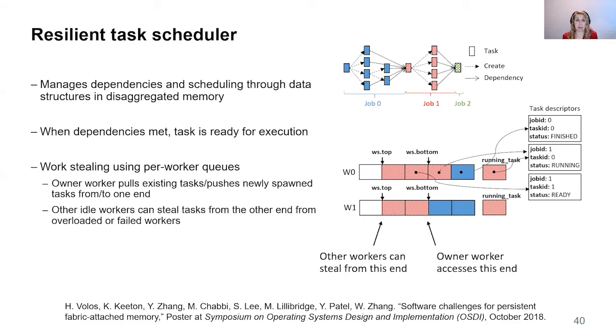And so this might happen because an idle worker detects that a worker has failed, or because a worker is just overburdened with too much work to do. And so I can't really go into the details of this, but suffice it to say that the lock-free programming techniques and the data structures really allow us to ensure that each task is executed only one time, based on careful tracking of state. In general, this is one example of data structures that allow computations on different compute nodes to actually coordinate with one another.